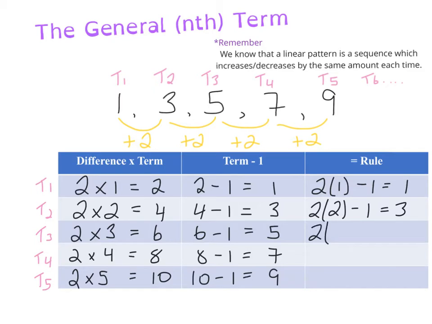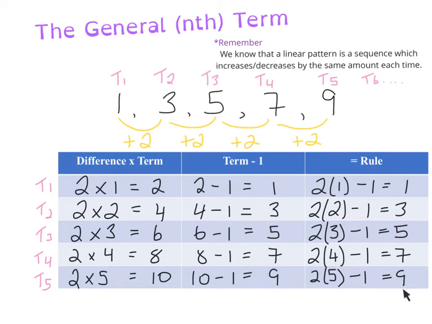Then 2 times 3, which is 6, take away 1 will give me 5. 2 times 4, which is 8, take away 1 will give me 7. And 2 times 5, which we know is 10, take away 1 will give me 9. Now this will reveal to me that if I wanted to find the 74th term of the sequence, I now have the rule. So whatever the term is, I multiply it by 2, I take away 1, and I get the next number in the sequence.